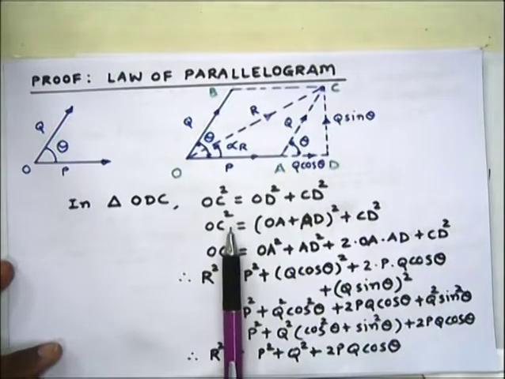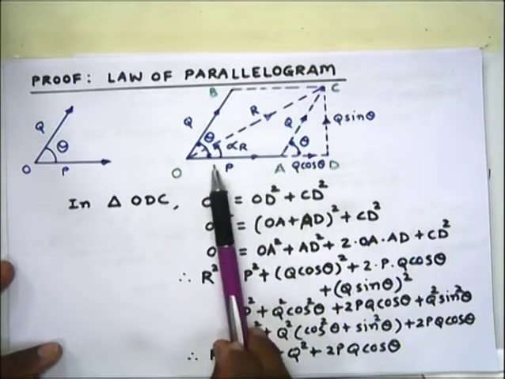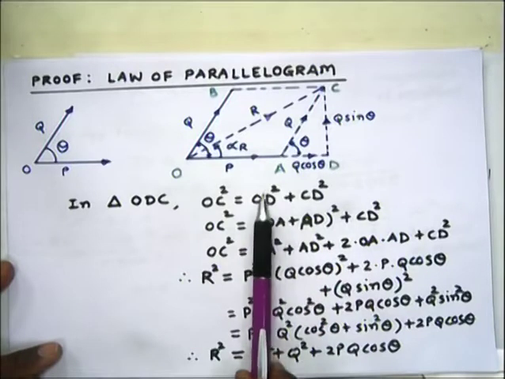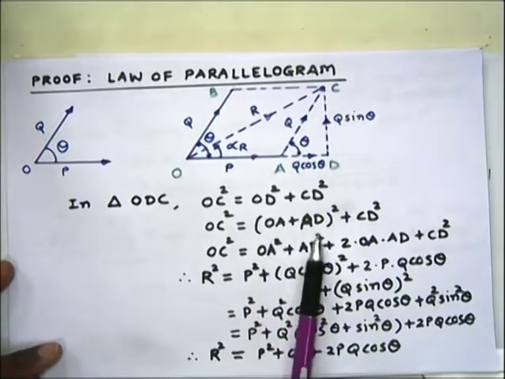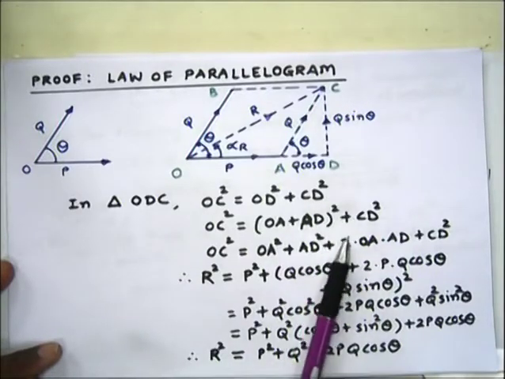OC square again is given by OA plus AD, since OD is nothing but OA plus AD, so the square of that plus CD square.